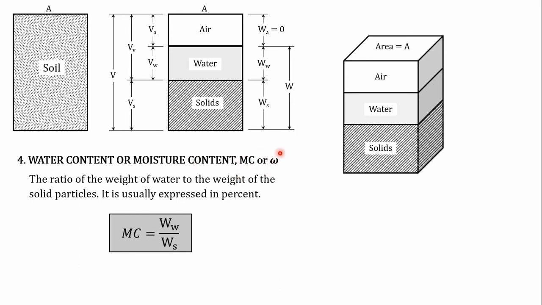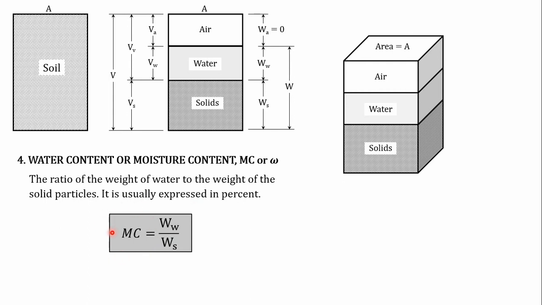What is water content? It is the ratio of the weight of the water to the weight of the solid particles. So, MC is the weight of the water divided by the weight of the solids. That represents the moisture content of the soil.